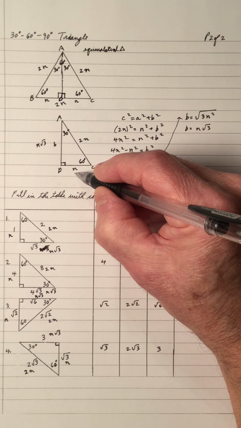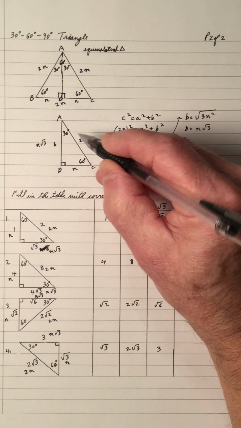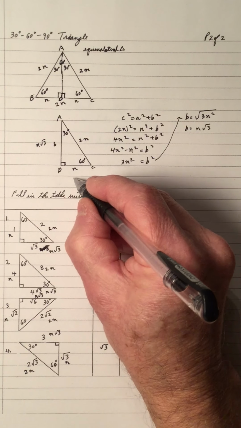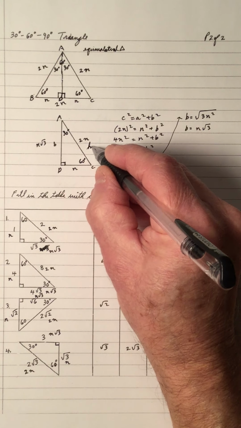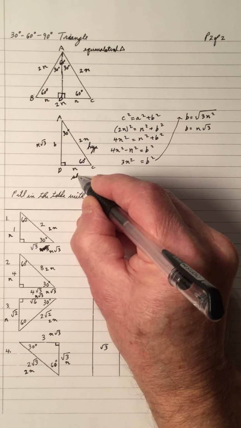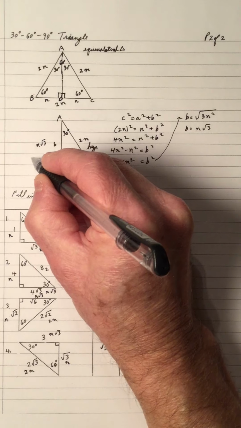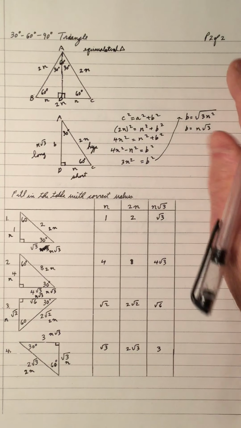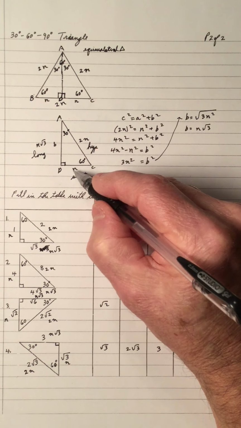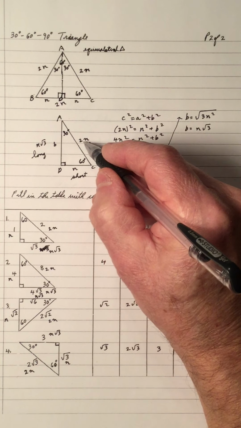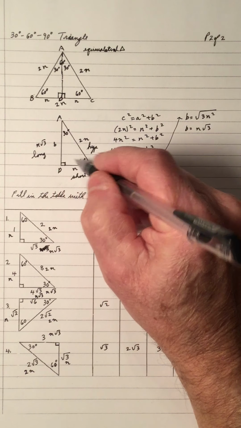So they call this the short side, this is the hypotenuse, and this is the long side. It's another way some teachers might explain it. So it's n opposite 30, 2n opposite the right angle, the hypotenuse, and n root 3 opposite the 60.